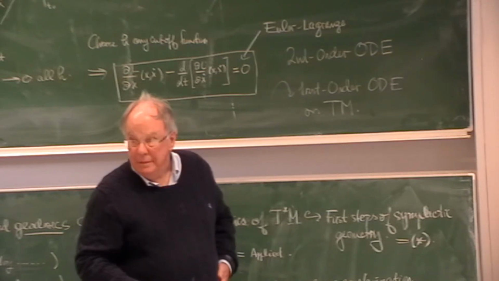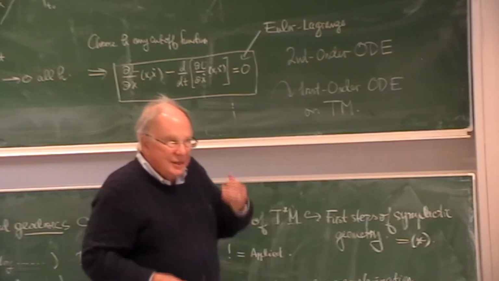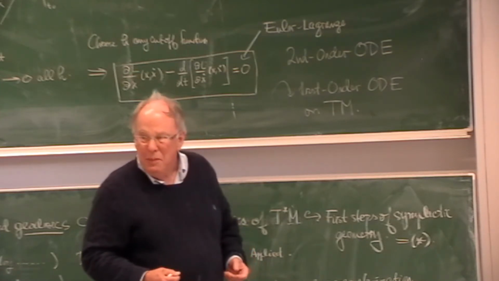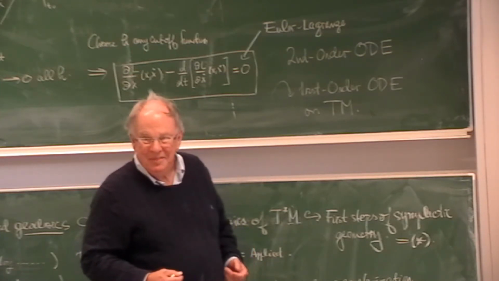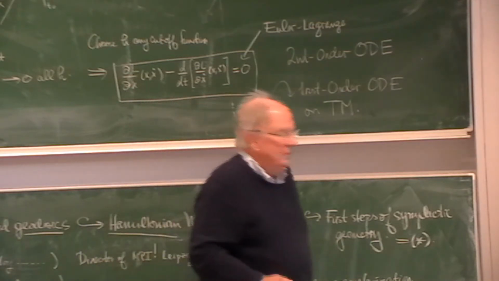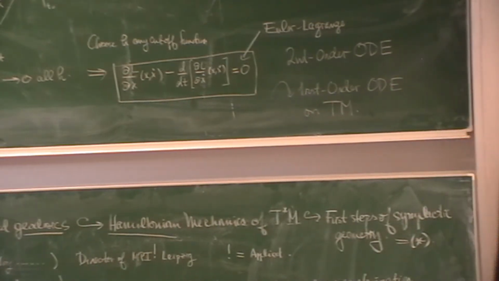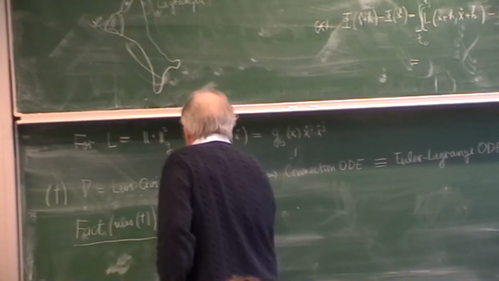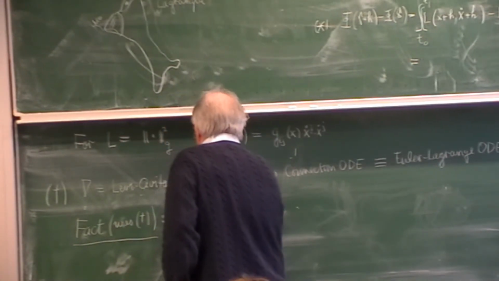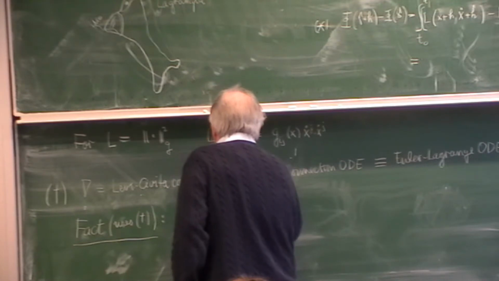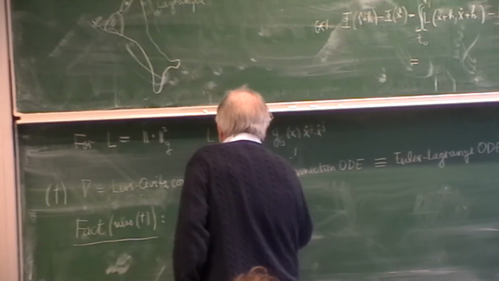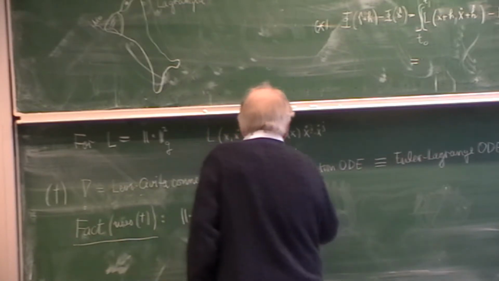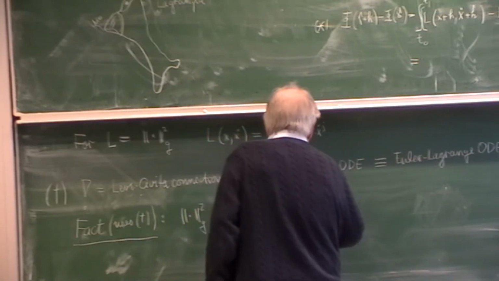As I said and screamed at you this morning, there's a local one parameter group action. So there's a fact, a calculation here, that the norm square G is invariant by the local group action.